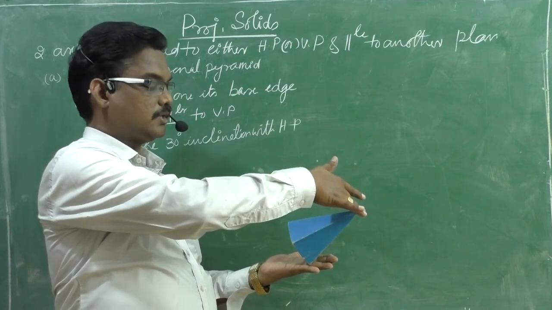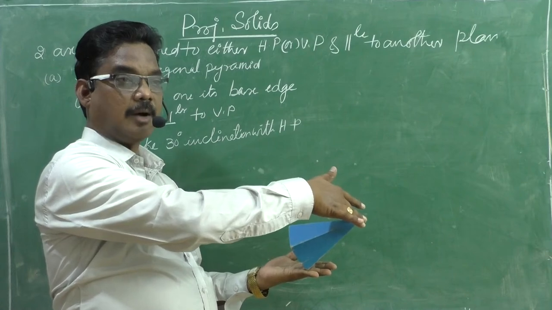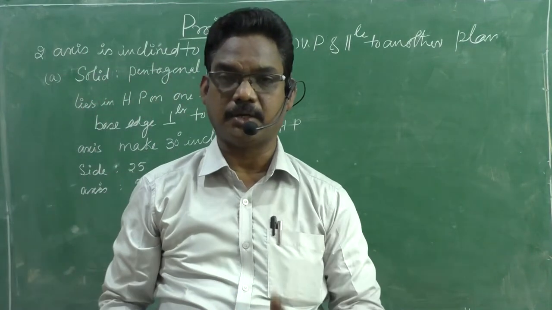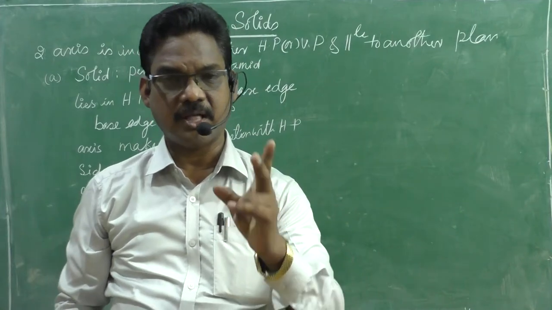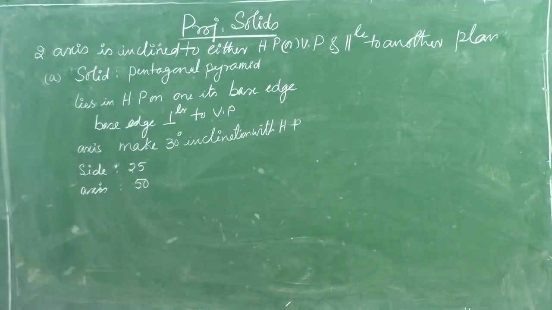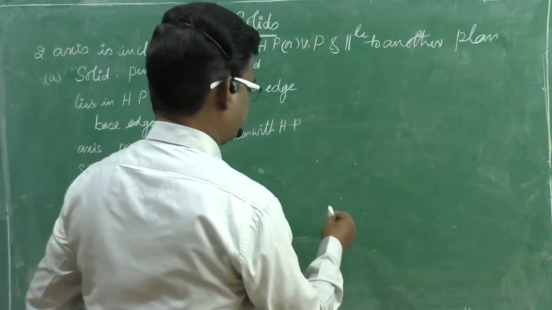After that, we can project it downwards to draw the required top view. This problem needs to be completed in two stages, simple position and first stage. Now we will draw the respective front and top views.